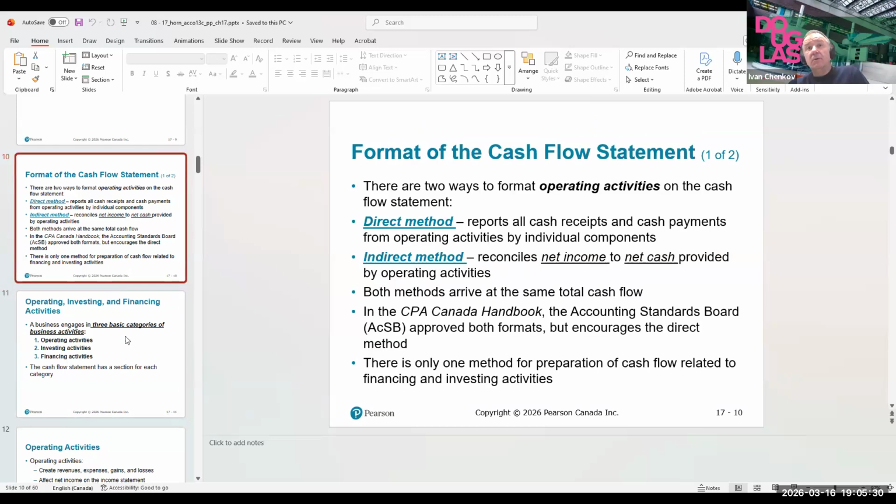Now, only and only for the operating activities, we have two ways to prepare that particular part of the cash flow statement. We have the direct method and we can use the indirect method. Both methods arrive at the same results. So it doesn't matter which method you're going to use on the operating activities.